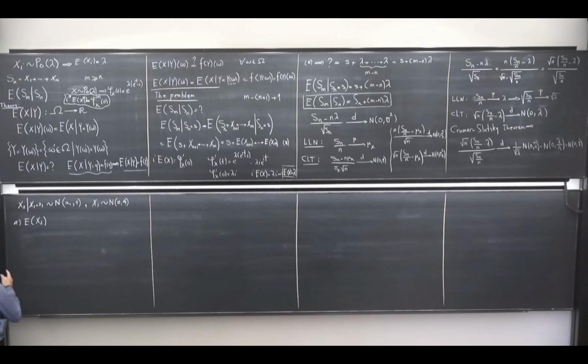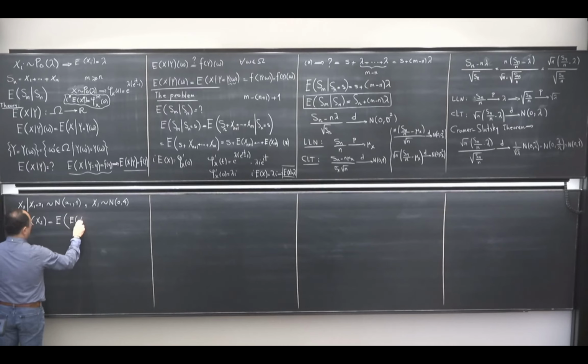So how should I calculate this? You know that the given distribution is conditional, so it motivates you to use the conditional expectation value. One way to look at it is to write E of x2 provided x1.